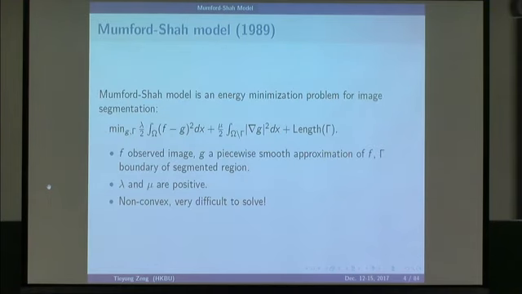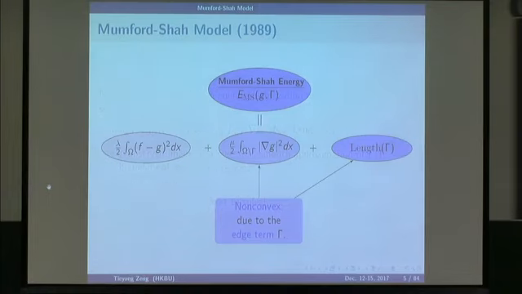So this MS model is just an energy minimization problem. Here F is your target image. Then you decompose your image into a smooth part G, and you have some contour gamma here. This model is well known to be very difficult to handle, because it is strongly non-convex.